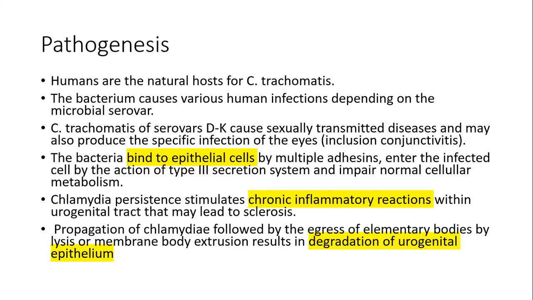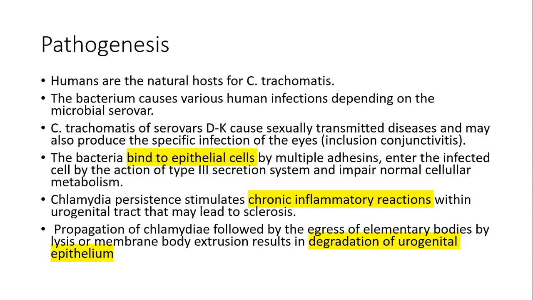Pathogenesis. Humans are the natural host of Chlamydia trachomatis, but you should know that Chlamydia psittaci can be transmitted from birds. The bacterium causes various human infections depending on the microbial serovar.